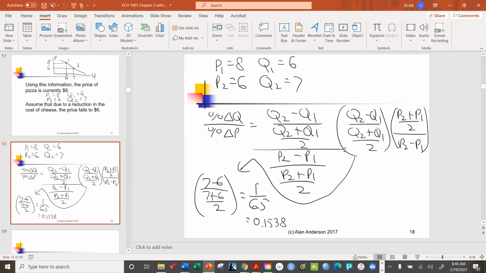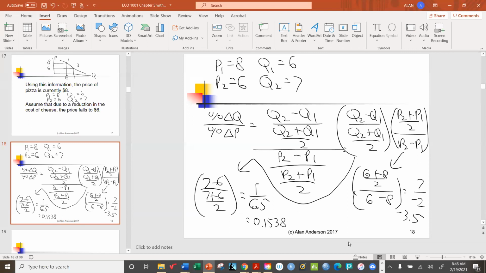Now the second one is going to be 6 plus 8 over 2, all divided by 6 minus 8. So you're going to have 7 over negative 2, which is equal to negative 3.5.